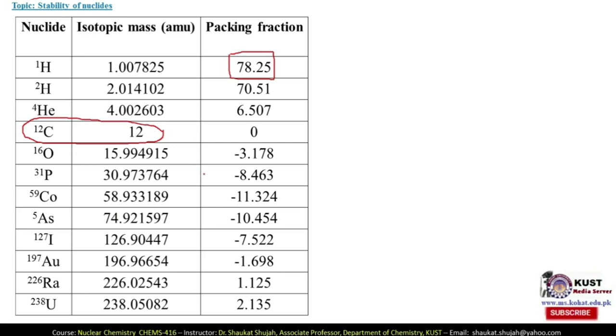And those nuclides which have negative packing fractions are stable, whereas nuclides like uranium and radium have positive packing fraction values, therefore they are unstable.